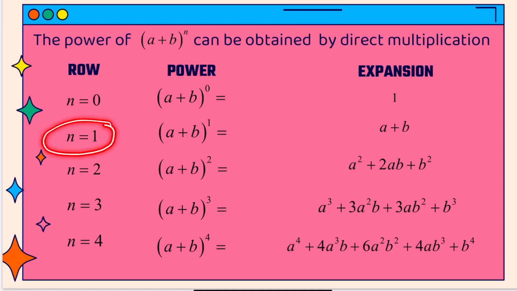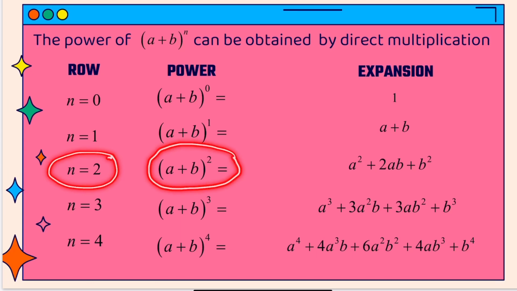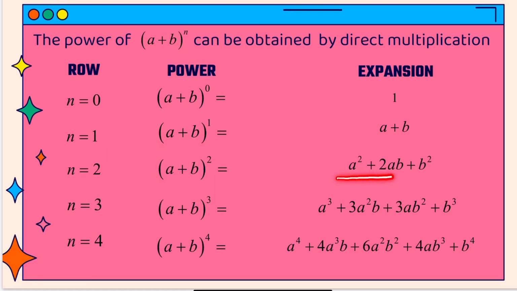When n equals 1, the expansion is a plus b. When n equals 2, a plus b all squared equals a squared plus 2ab plus b squared. When n equals 3, a plus b cubed is a cubed plus 3a squared b plus 3ab squared plus b cubed.